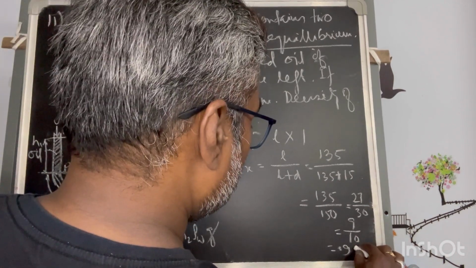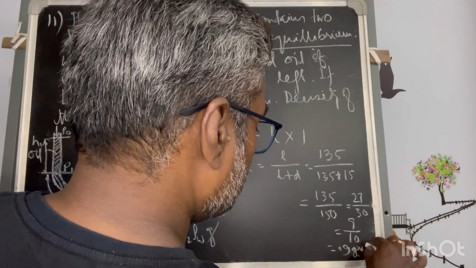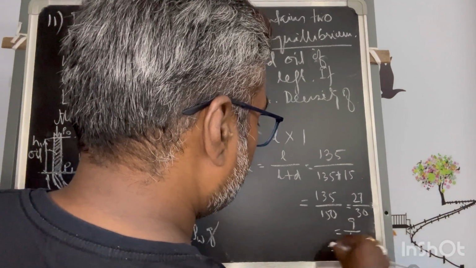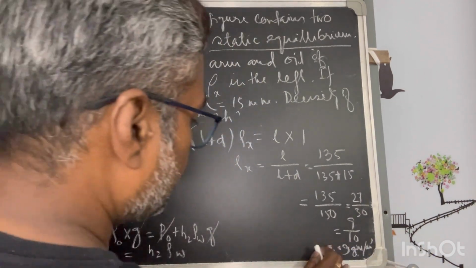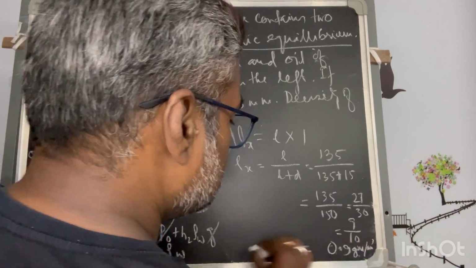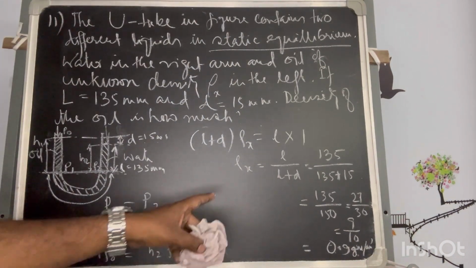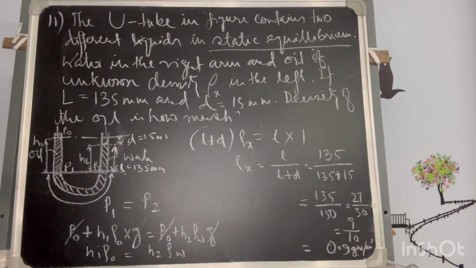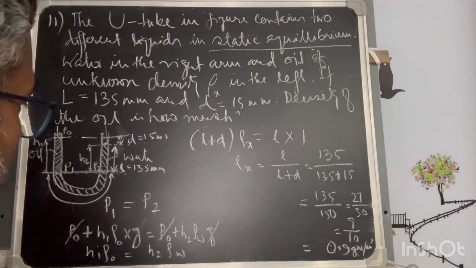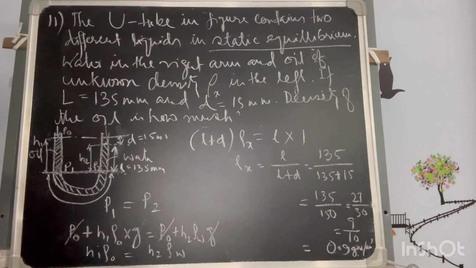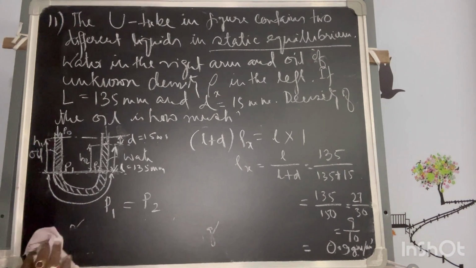What will be the unit? As I have taken it as gram per centimeter cube for water, this will be the value: 0.9 gram per centimeter cube. So this is the value of the unknown density. Okay, fine.